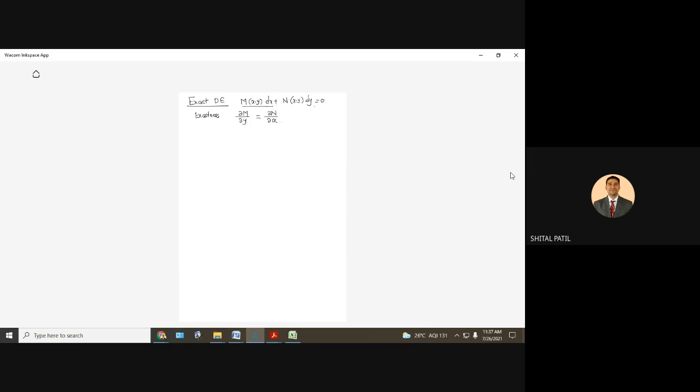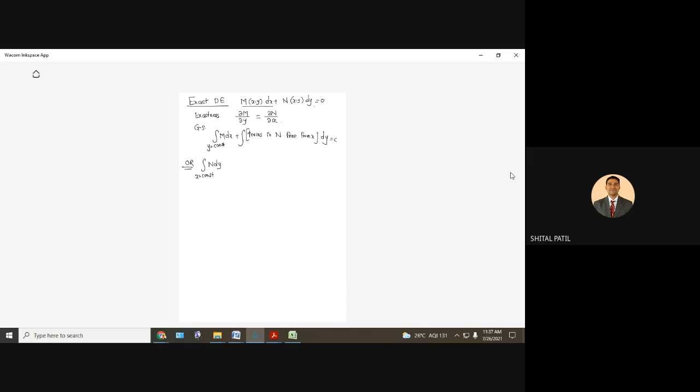And if it is exact, the general solution is given by this formula. Whenever we are integrating M dx, y will be constant, plus terms in N free from x, dy equal to constant. Okay, or sometimes we are not able to use this formula, then we have to change the order. So it is like this, x and y, M and N are to be interchanged.